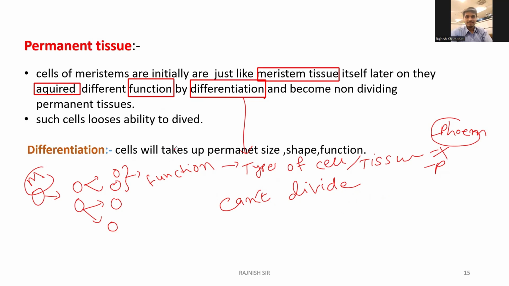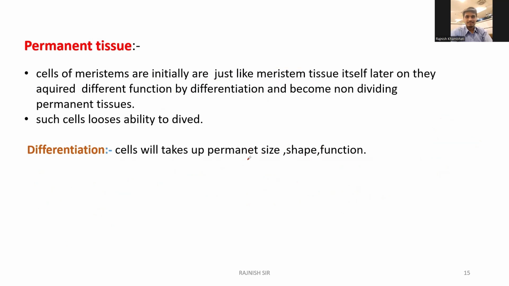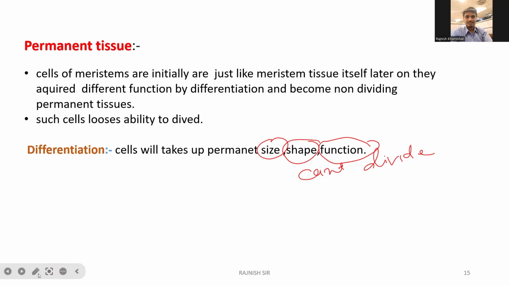Differentiation means cells will take up a permanent size, permanent shape, and permanent function. See, they will take some size, turn into some shape, acquire a function, and they can't divide. Such tissues are permanent tissue.